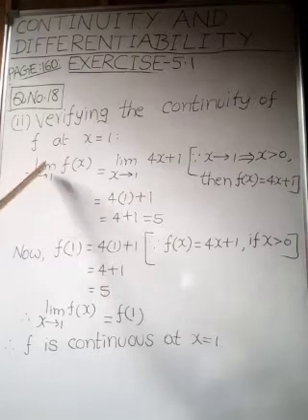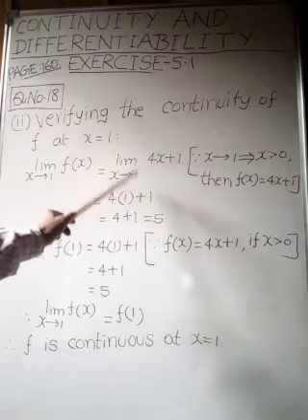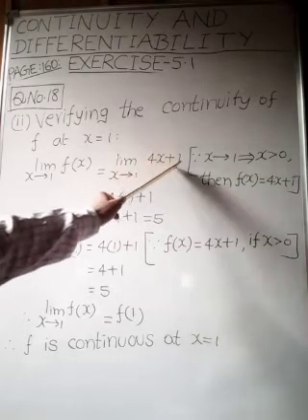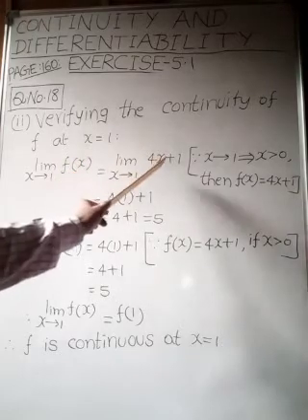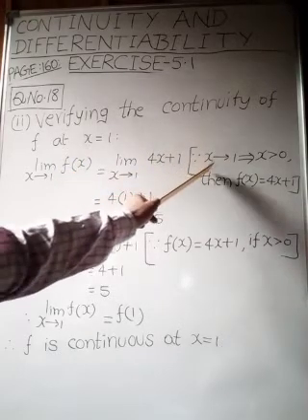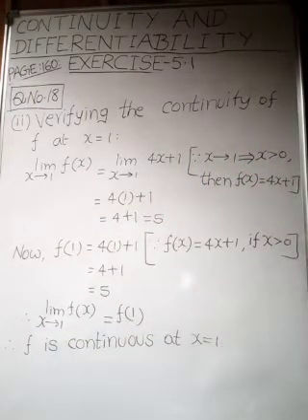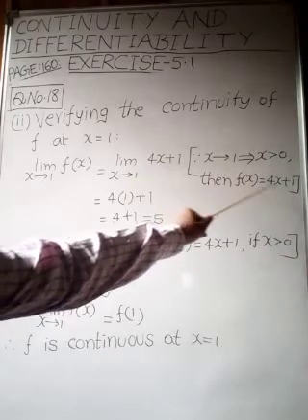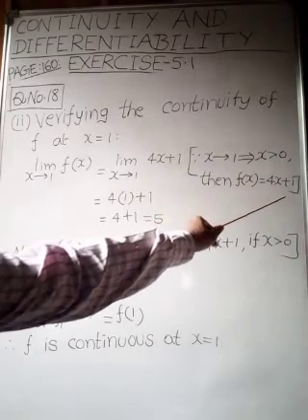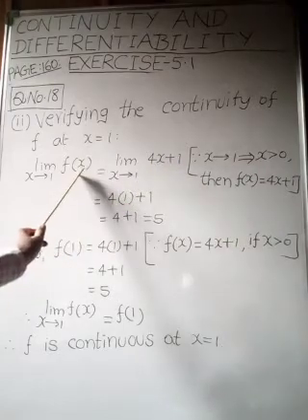As x tends to 1, limit f of x is equal to the limit as x tends to 1 of 4x plus 1. Instead of f of x, I have taken 4x plus 1, because as x tends to 1 means x value is greater than 0. In that case, f of x is defined as 4x plus 1. That is why I wrote 4x plus 1 in the place of f of x.